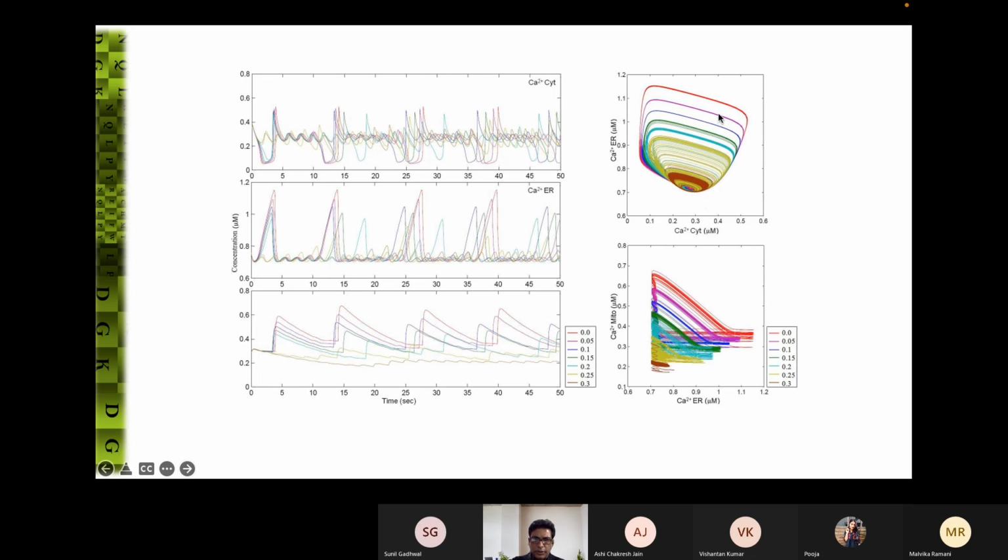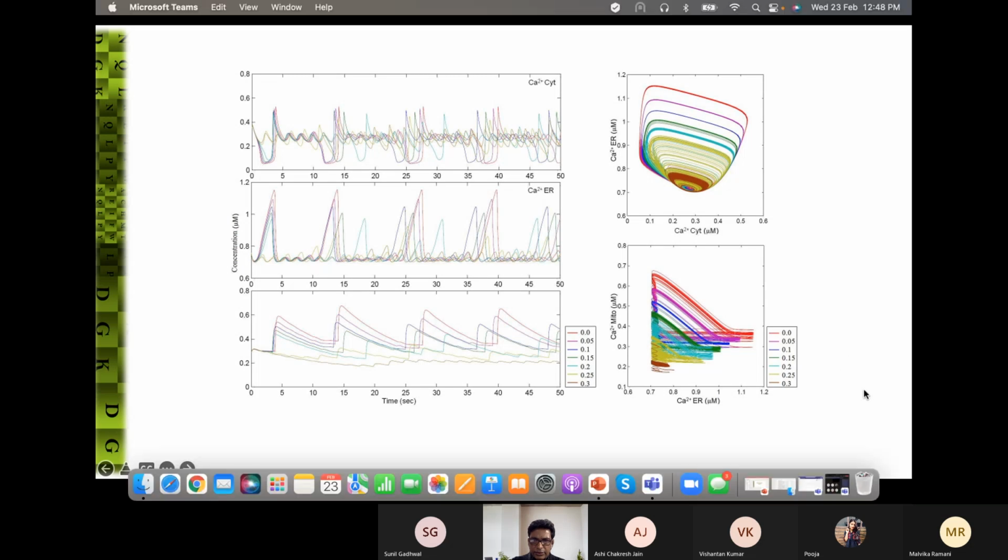And of course, what you're looking at is changing levels of one of the parameters I changed. I forget now which parameter it was. It's been a while.